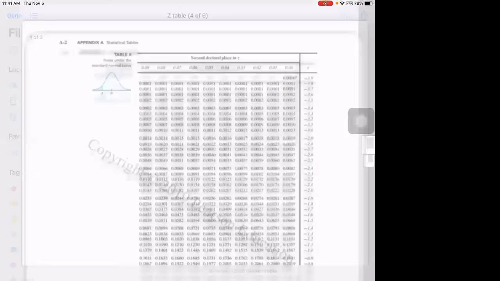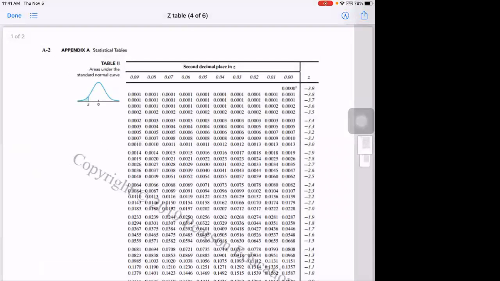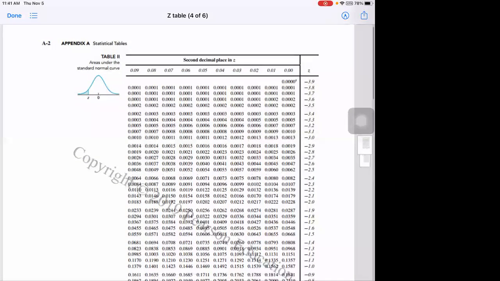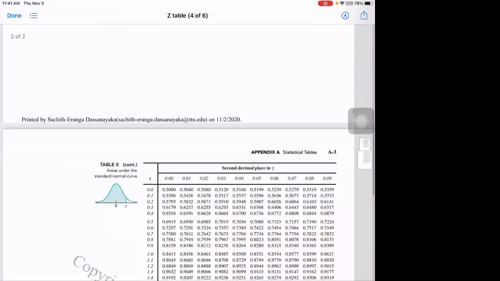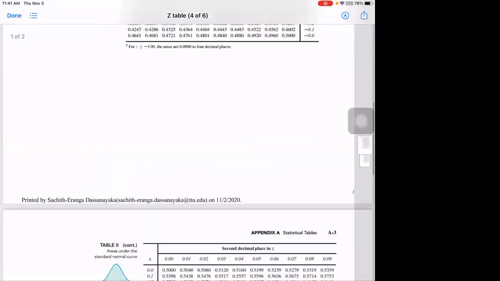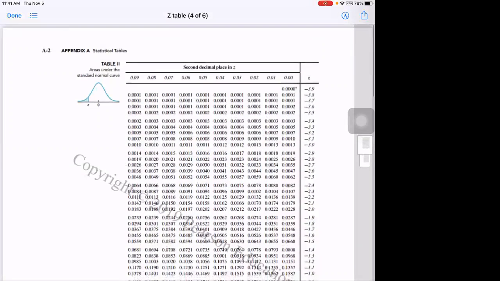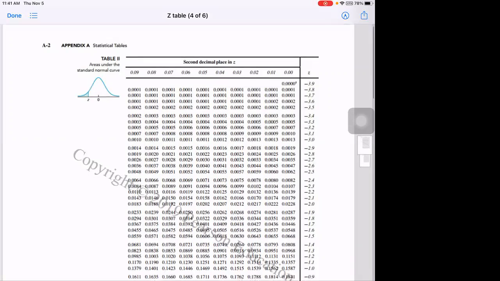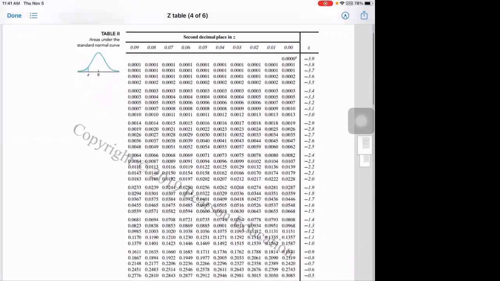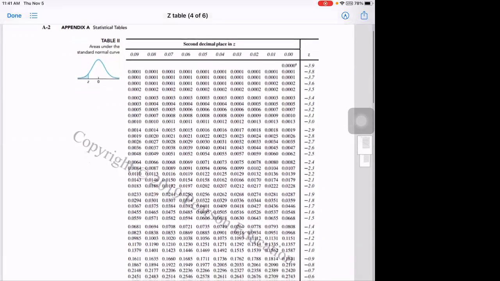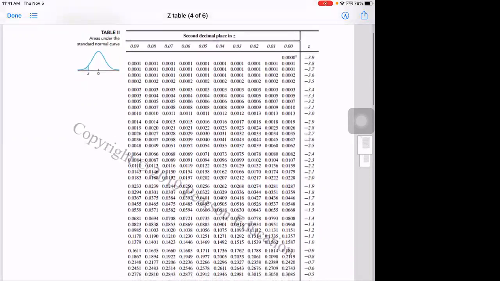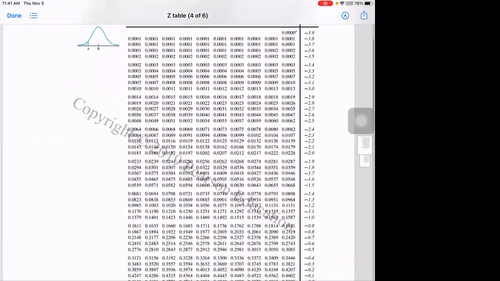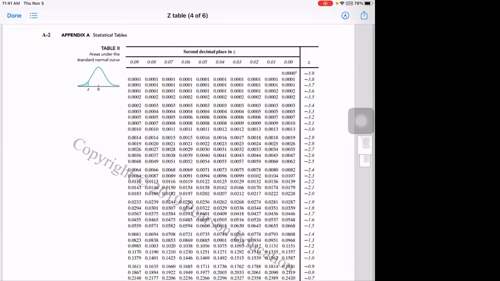The area difference gives you this answer. Okay, the Z table is there. The value is 0. So how do we find the area belonging to 0? If your Z value is negative, then you have to use this first table. In this first table, you can find the values which belong to negative Z values.